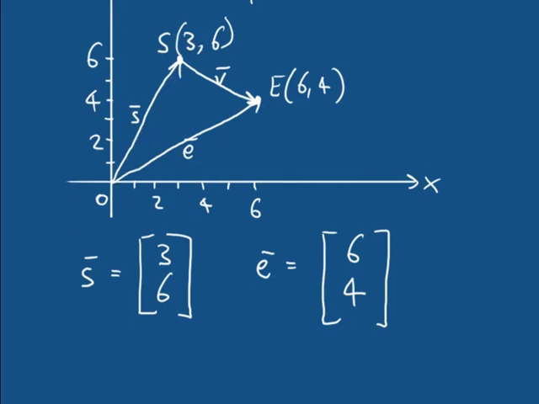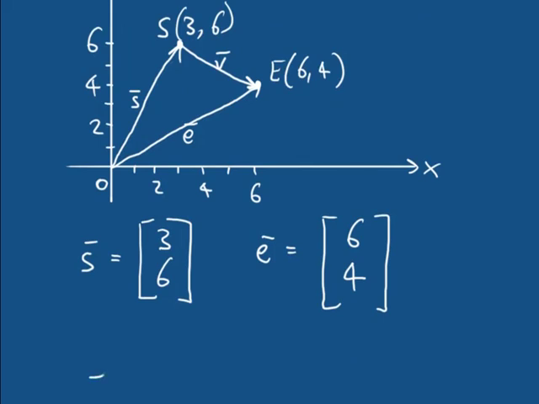So I need to go in the direction of minus S. I need to travel down in the opposite direction of S. Once I've got there, I then need to travel along the direction of E. So minus S plus E. This is going to give us the same as starting at point S and travelling to point E. Again, we've seen this when we added and subtracted vectors. So I've started at this point, I've travelled down to the origin, then back up, but that is the same as starting here and travelling directly there. So this is equal to our vector v.